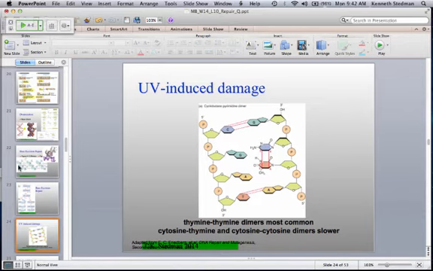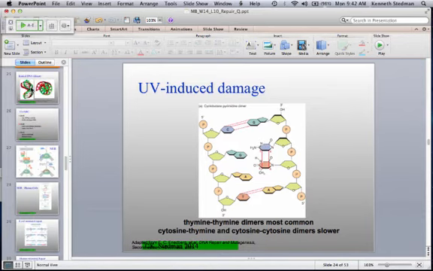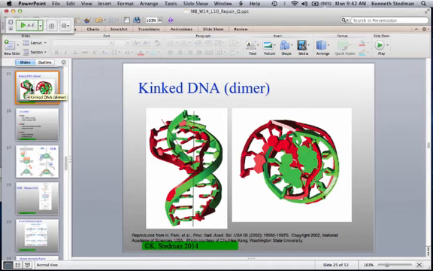Not surprisingly, this changes the DNA structure. So if you've got normal B-form DNA here in green, as soon as you make a pyrimidine dimer, that kinks the DNA. And it's that kink which gets detected by the DNA repair machinery.